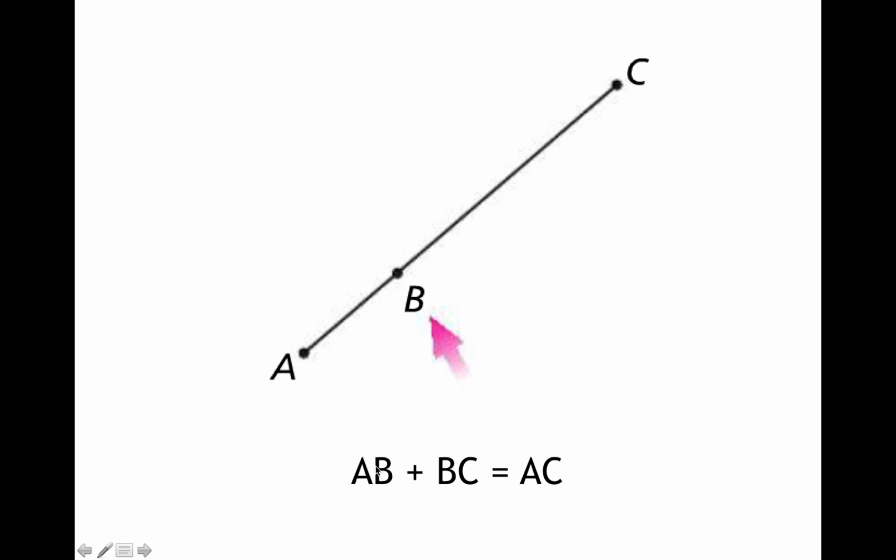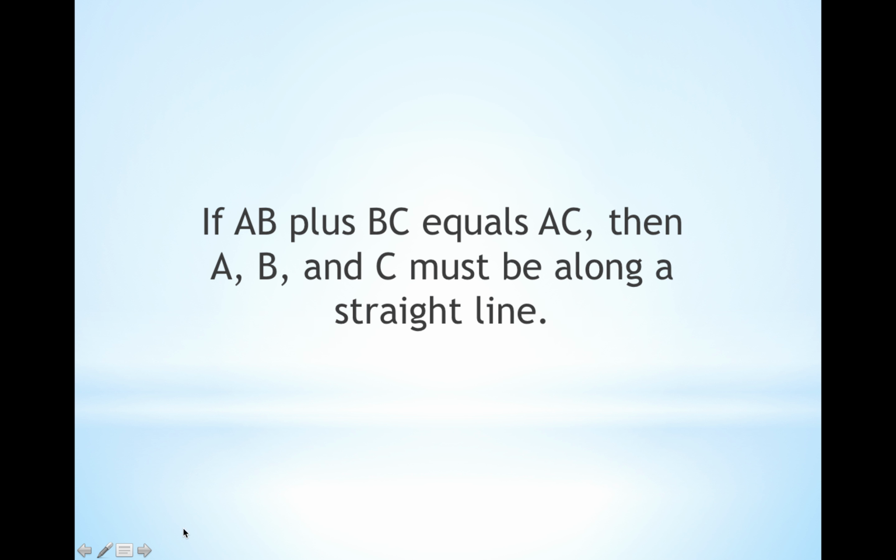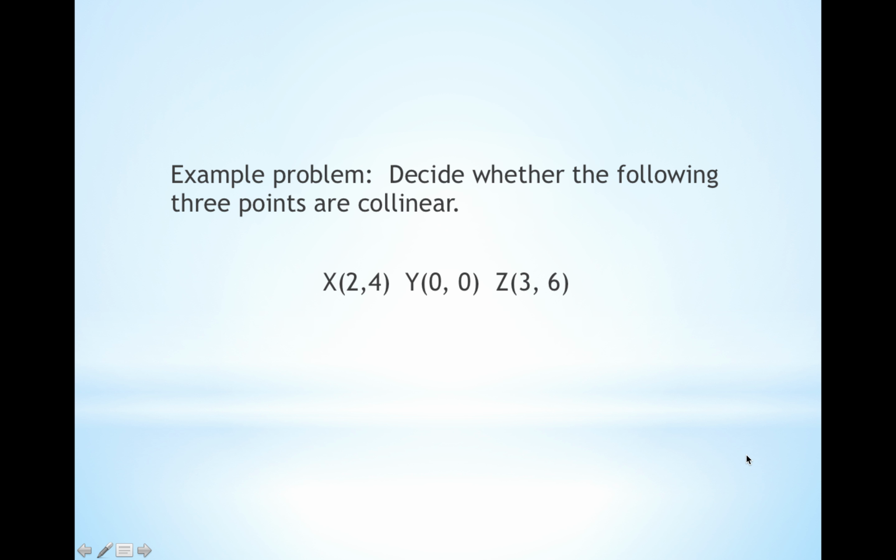In other words, when this measurement and this measurement added together equal the long measurement, then they must be along a straight line. So if AB plus BC equals AC, then A, B, and C must be along a straight line. So this is a way to prove collinearity with the distance formula rather than the slope. And so that's going to be your work today.